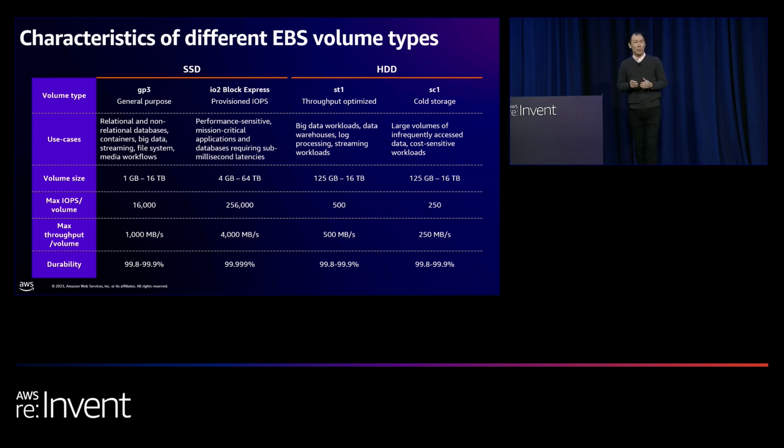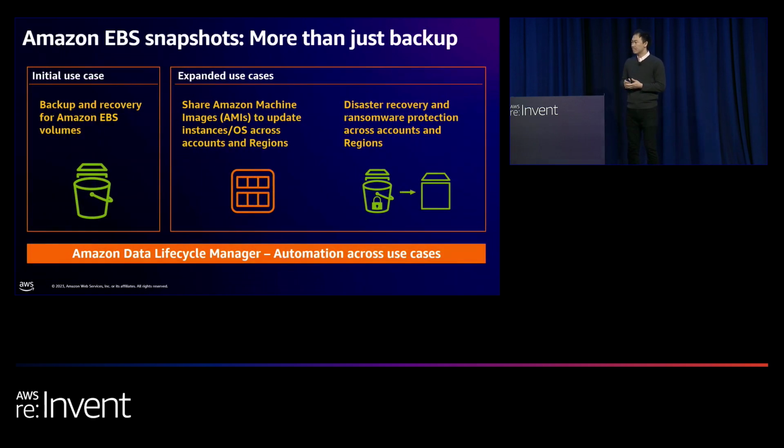This is crucial for mission-critical databases. On the right-hand side, HDD products offer high throughput but low IOPS. These are mostly for your throughput needs and consecutive IOs, as with your hard disk. Right? If you have data warehouses or streaming workloads with large throughput needs and consecutive IOs, these would be good choices for your product.